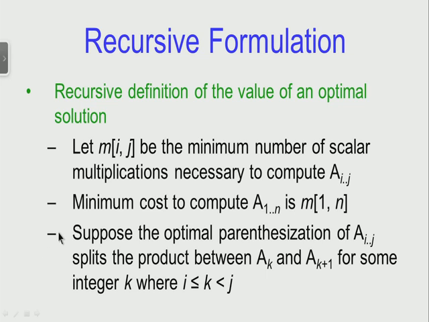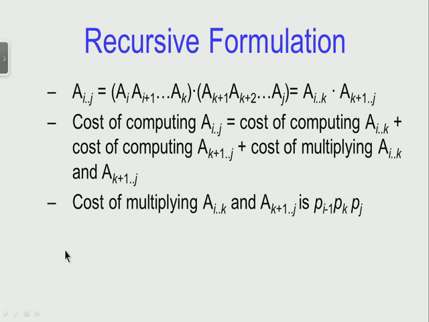Suppose the optimal parenthesization of A i j splits the product between A k and A k plus 1, where k is a number in the range i to j. Then we write down a recursive formulation of m of i comma j. The recursive formulation uses this parenthesization.